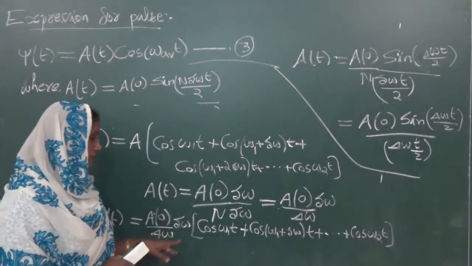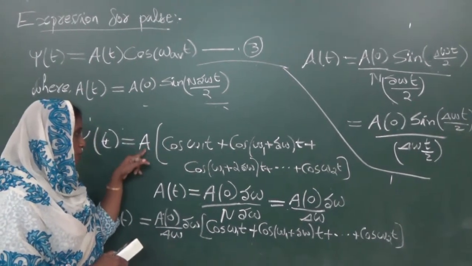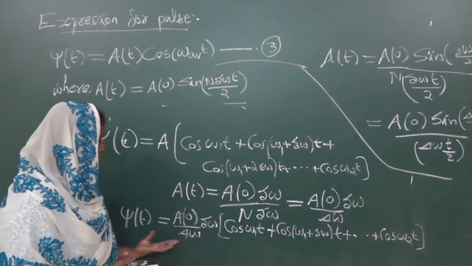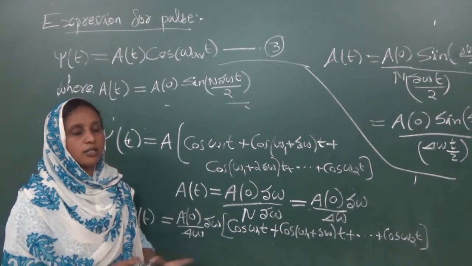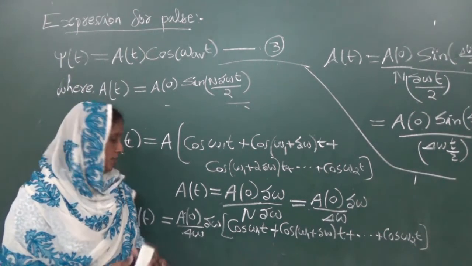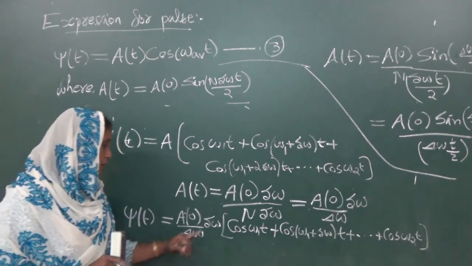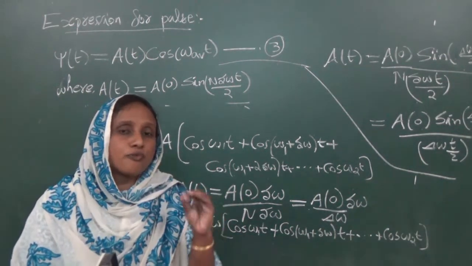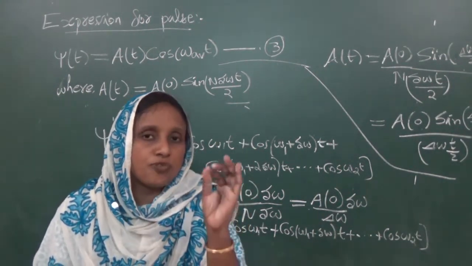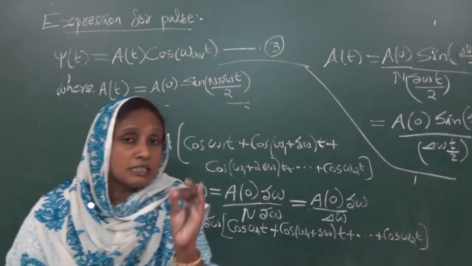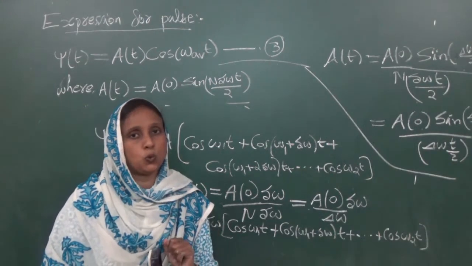Now you can see that here the amplitude A is replaced with this expression and we get an expression like this for our superimposed wave or pulse. What's new in this expression? Here there is delta omega. We already found that for very large n, this frequency difference is very small, that is, it is nearly equal to 0.